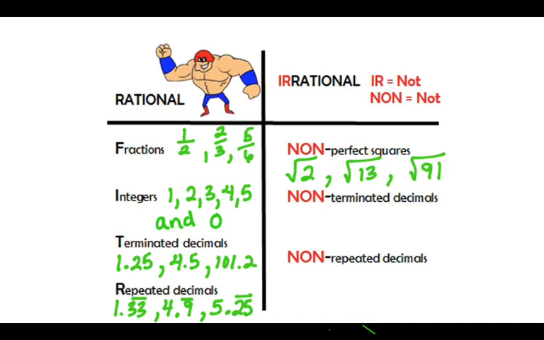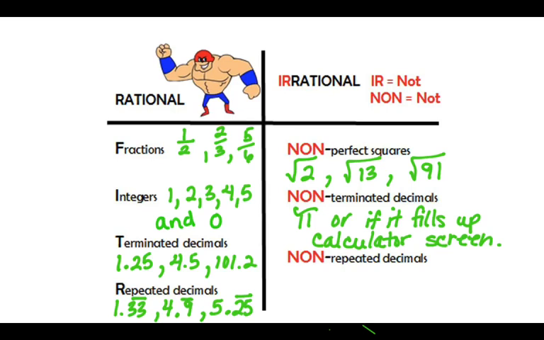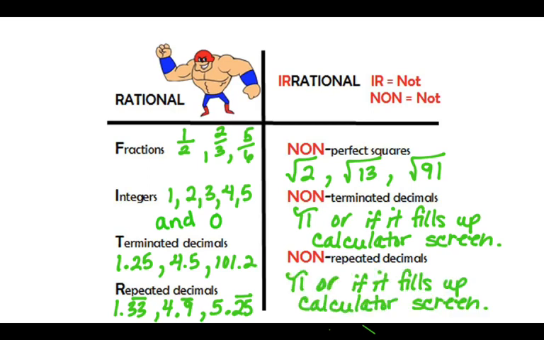Now for the next one, you have non-terminating decimals. That just means like pi, a decimal that never terminates, it never ends, or it fills up your screen on your calculator. The decimal just keeps going on and on and never stops. But it also has to not repeat. A repeating decimal, like 1.3 repeating forever, is a rational number because it repeats.